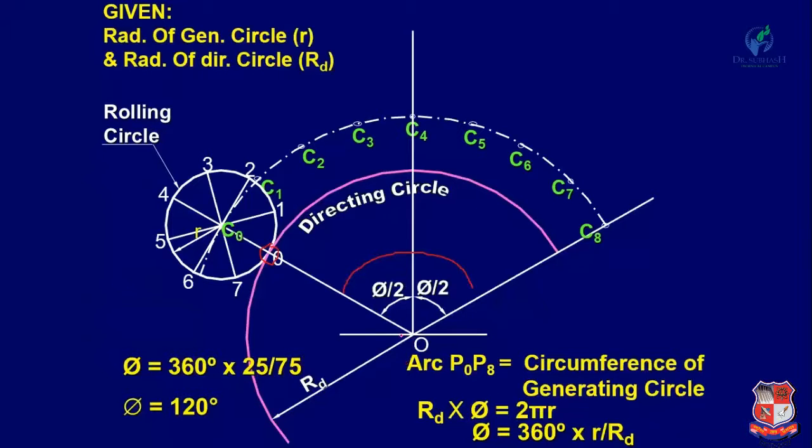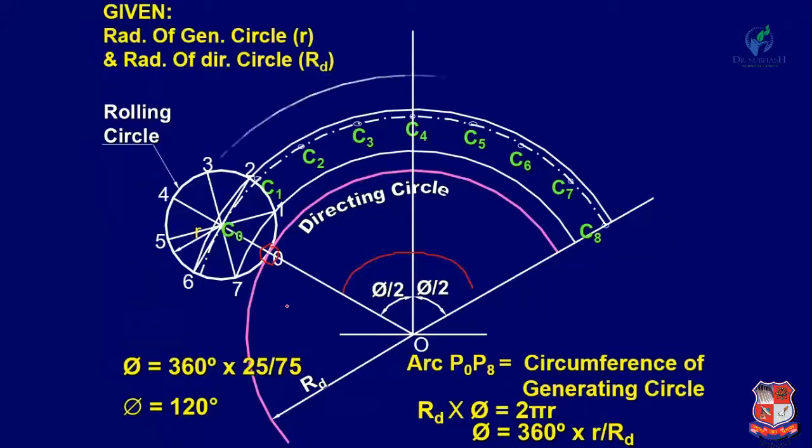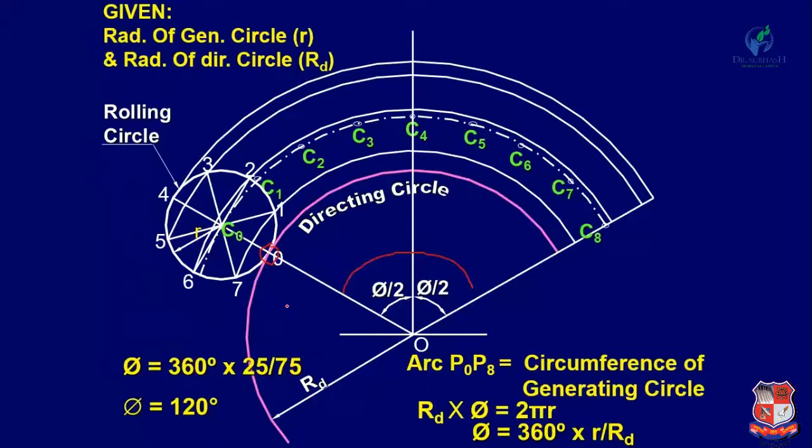Now with O as a center and radius equal to O1, draw a circle which will pass through points 1 and 7. Similarly, with O as the center, draw the different circles which are passing through all these points 1 to 8: the circle passing through 1 and 7, through 2 and 6, through 3 and 5, and through 4.